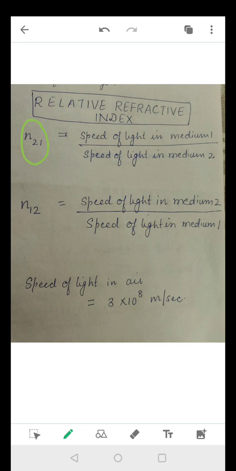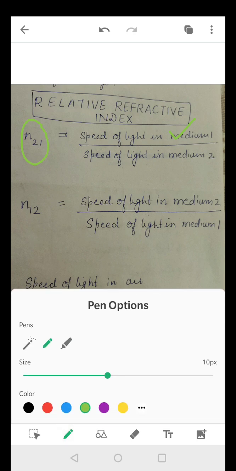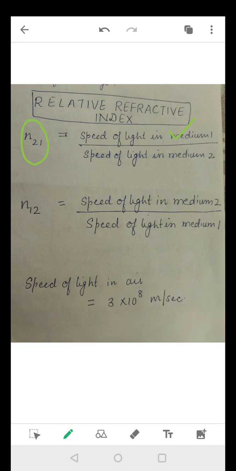N21. Just now we've discussed N21. So for N21, we'll write the speed of light in medium 1 first, and then we'll write the speed of medium 2.